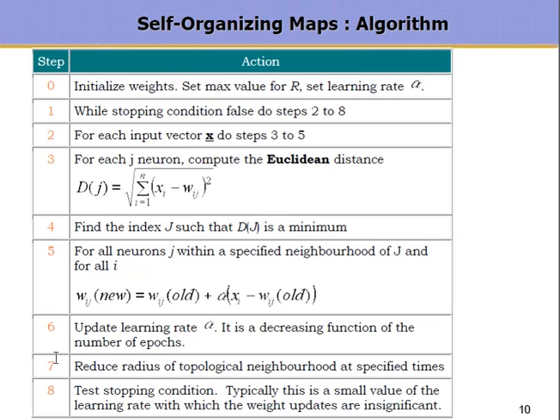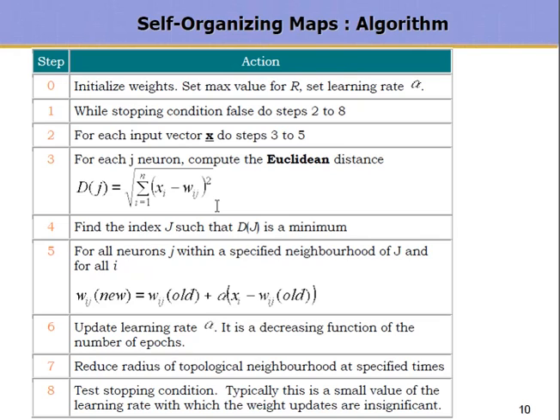For all the input vectors, one by one, we will be repeating all the steps from 3 till 8, right? In step number 3 we will compute the Euclidean distance for each neuron j, using the same formula which we have used previously so many times. Then find the index j such that d of j is a minimum.